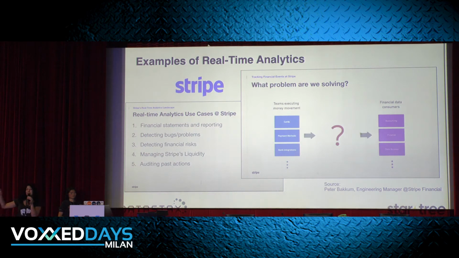And they need to take all this data coming in from all these different teams, bring it into one aggregated view, and then make it accessible in real time to dozens of other internal teams, like the accounting team, the fraud detection team, the data science team, things like that.